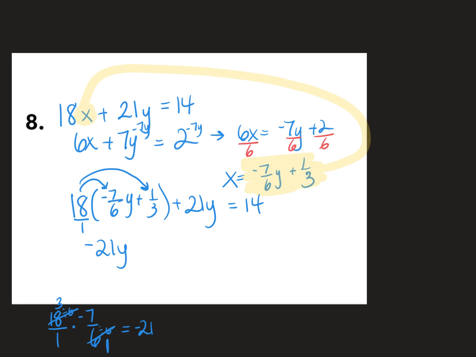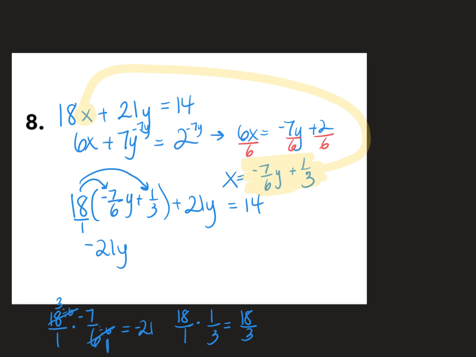Now I'm going to multiply 18 over 1 times 1 over 3. I'm going to go ahead and multiply straight across. 18 times 1 is 18. 1 times 3 is 3. I did not do that on the previous one because honestly I did not want to multiply 18 and 7.